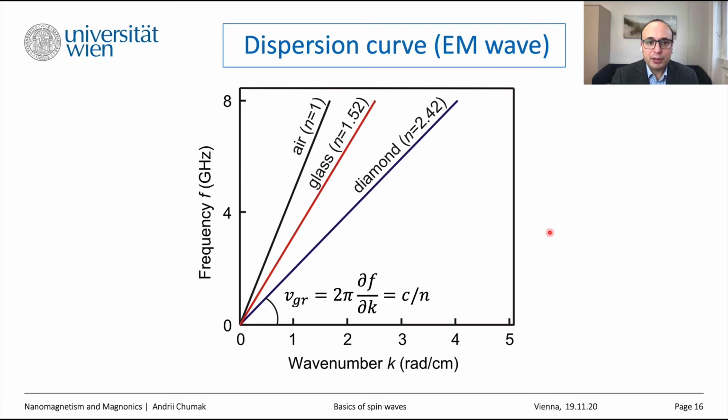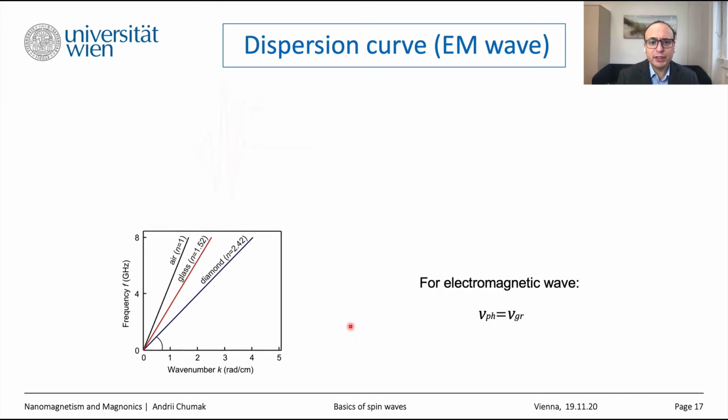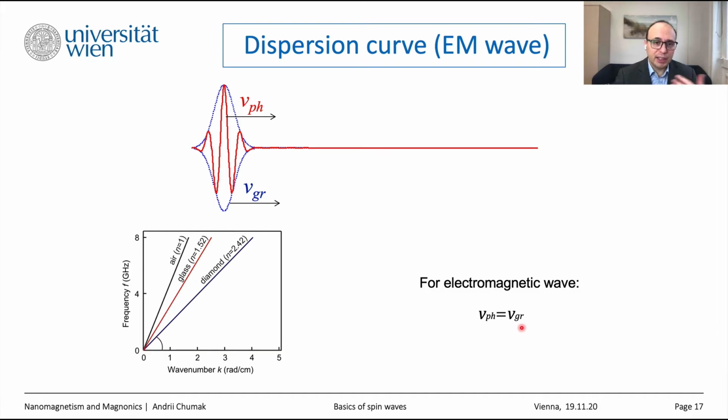But there is another parameter called phase velocity. Here we have these derivatives, and here we don't have derivatives. It's defined simply as the frequency divided by this k. In the case of an electromagnetic wave, like it's shown here, it's obvious that phase and group velocities are equal. What does it mean physically? If you want to excite not continuous waves, where you would need a non-stop source and the wave just propagates and propagates, but you excite some pulse, then you have a wave, but besides that you have an envelope of this pulse.